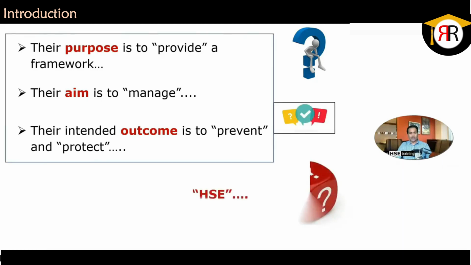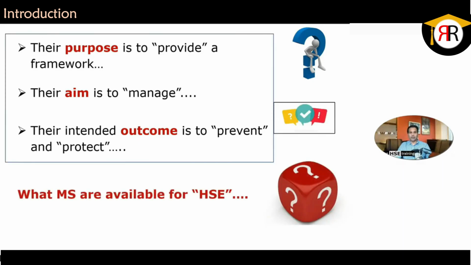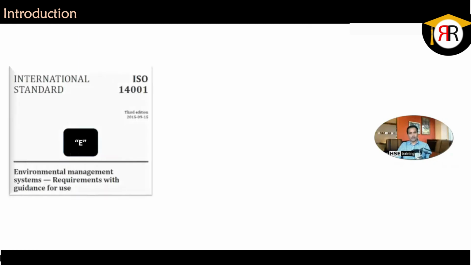Now, what management systems are available for health, safety and environment? For HSE, there are two internationally available management system frameworks. The first is one that you'll all be familiar with, ISO 14001, which predominantly focuses on environmental.